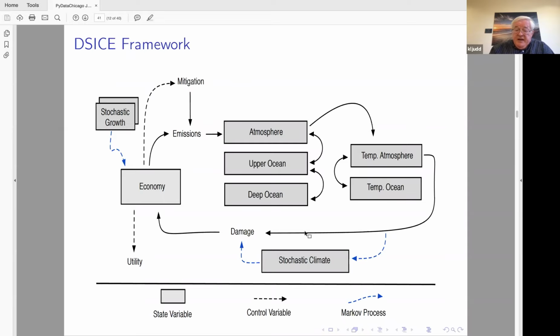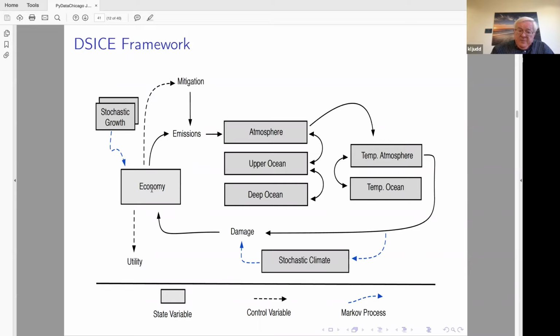And then the higher temperature damages the economy. Now, what we added is a stochastic element here, that how much damage a higher temperature does is itself a stochastic process. Also, we said the economy is subject to stochastic shocks.